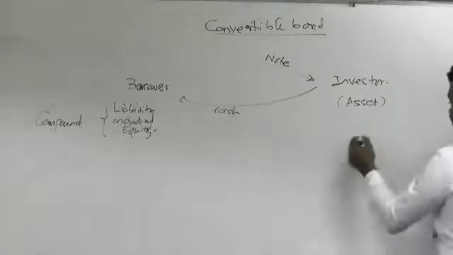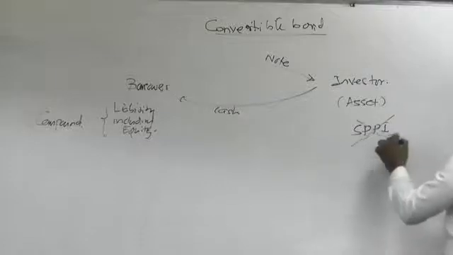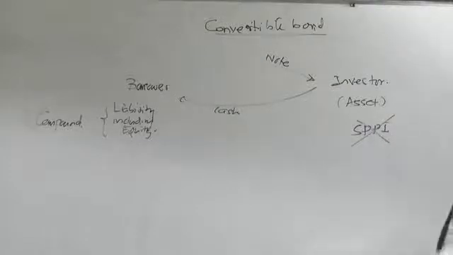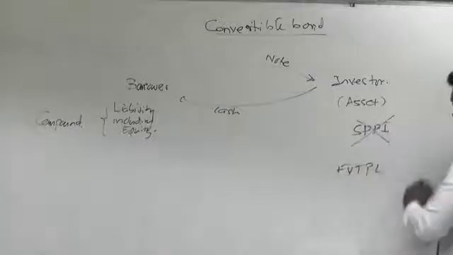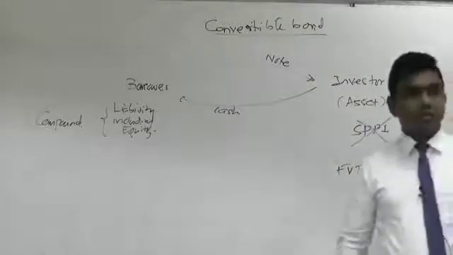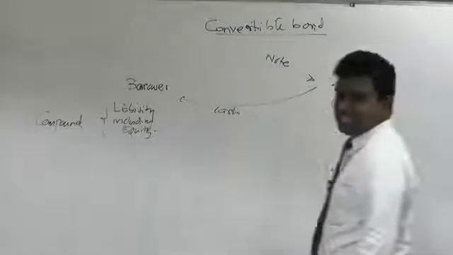Is this satisfying SPPI? Not satisfying SPPI. If it is not satisfying SPPI, there is no option for the investor, only measure at fair value through P&L. But IAS 39 had the option, bifurcation option or fair value option. Now, under IFRS 9, you shall measure it at fair value through P&L since it is not satisfying SPPI as the investor. Clear?